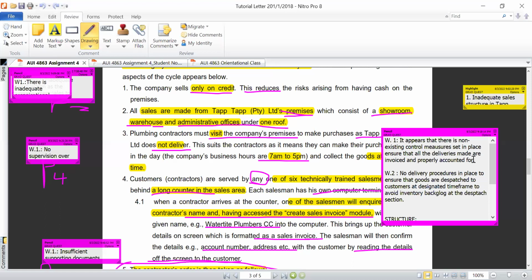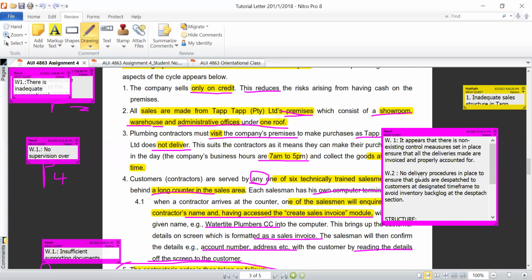Because if you don't deliver, then how do you know that whatever is being loaded to the delivery trucks for the consumers, those goods that are being loaded, they are actually invoiced? How do you know if you are not involved in that process? So it appears to me that they have nothing to do with monitoring deliveries of goods from the company premises to their customers. So that's a non-existing control.